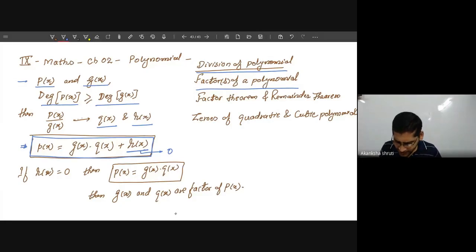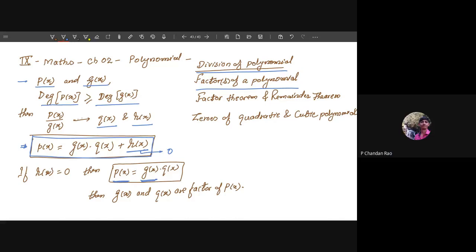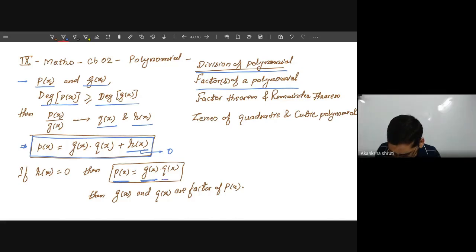In this case, the polynomial px is equal to the product of two other polynomials. One polynomial is gx, another polynomial is qx. So in this way, the single polynomial px is broken into two smaller polynomials, one as gx, another as qx.